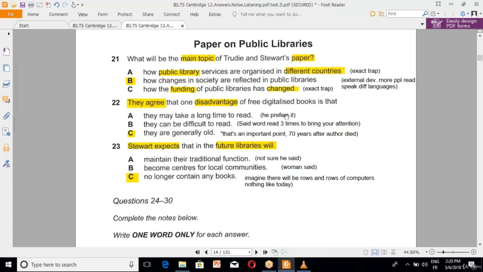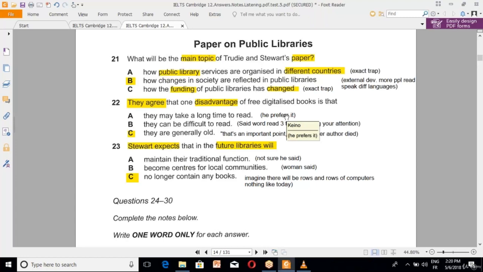Well, if you did pick A or C, it's because you fell for exact language traps. Right? They said public library. They said different countries. When you hear that exact language, leave it alone. Right? Leave it alone. They're trying to trick you. They said the word funding and changed. Leave it alone. All right.